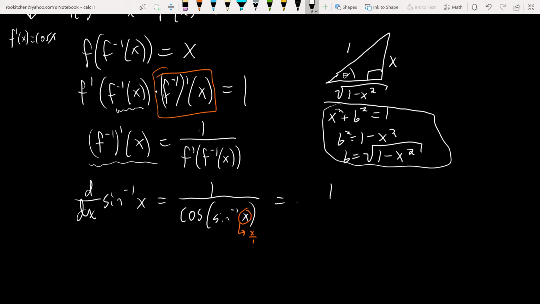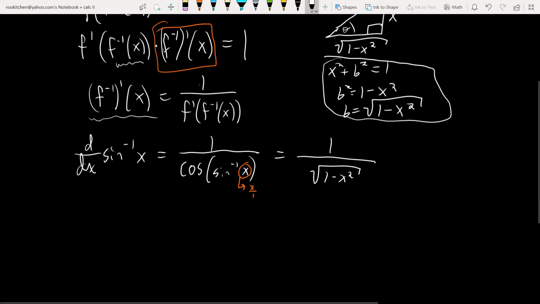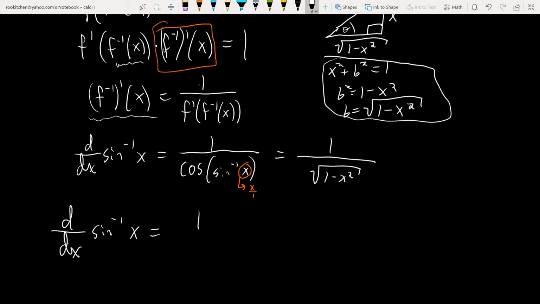So this will be 1 all over adjacent, which is square root of 1 minus x squared, all over 1. Okay, and that turns out then to be the derivative of sine inverse: 1 over the square root of 1 minus x squared. So I expected you to have that memorized in Calc 1. The derivative of sine inverse of x is 1 all over the square root of 1 minus x squared.